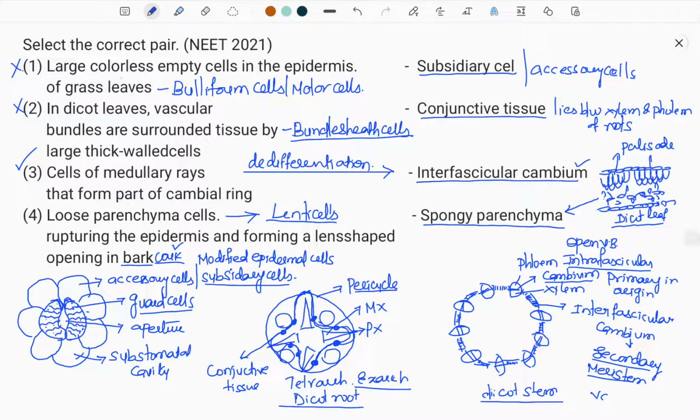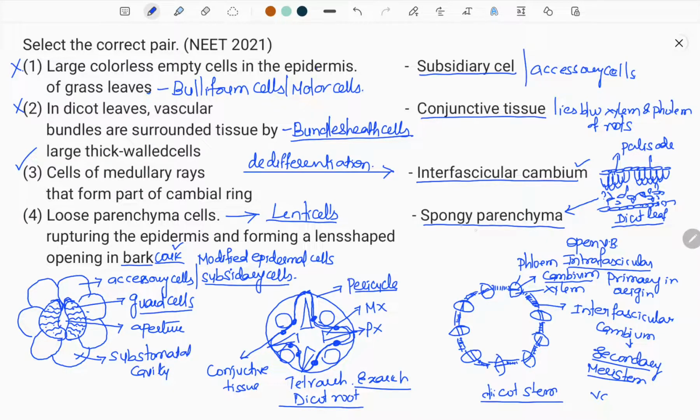You should know what the large colorless empty cells in the epidermis of grasses are, that are bulliform cells. You should know at the same time what subsidiary cells are. And you should know that dicot leaf vascular bundles are surrounded by bundle sheath cells. You should know at the same time conjunctive tissues. And in the fourth option, loose parenchymatous cells rupturing the epidermis, forming lens-shaped openings in bark, lenticels you should know.